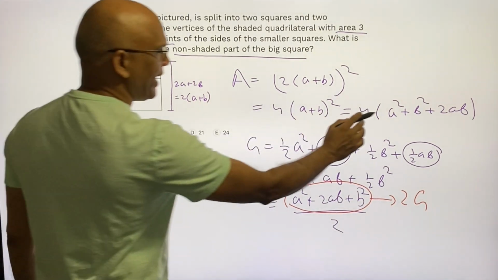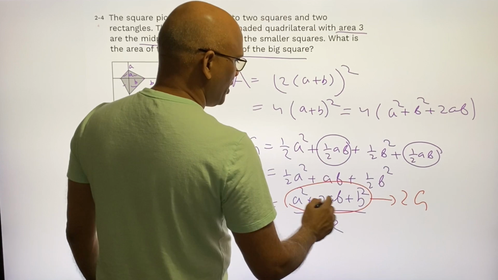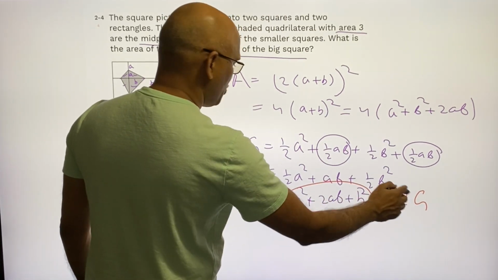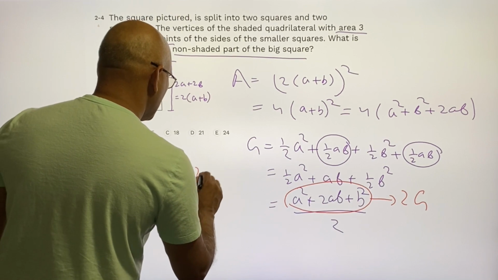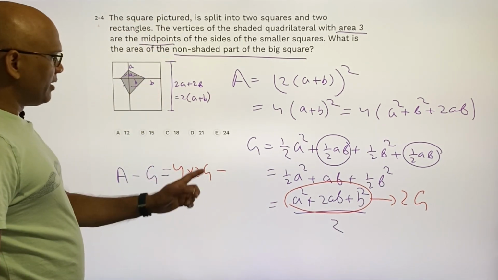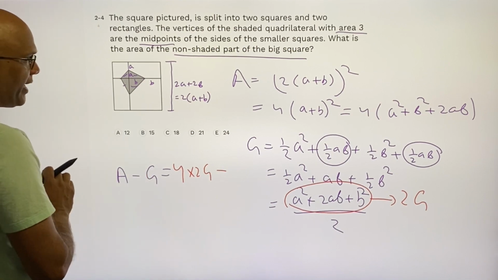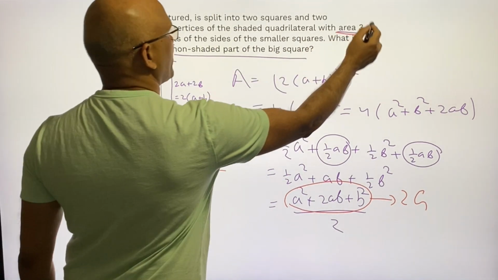Okay, so a is going to be 4, a square plus b square plus 2ab, but a square plus b square plus 2ab is going to be 2g times 2g, right? So I'm just writing the bigger area in terms of the smaller area because I know the value of the smaller area.